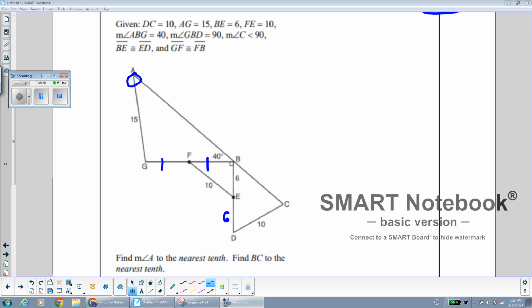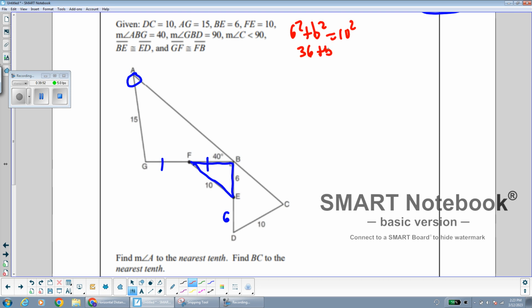The first thing I'm going to do is I see I have a right triangle over here. And in this right triangle here, I do know two sides, the 6 and the 10. So I can use the Pythagorean theorem to find the missing side, FB. So 10 is the hypotenuse. So I'm going to do 6 squared plus b squared is equal to 10 squared.